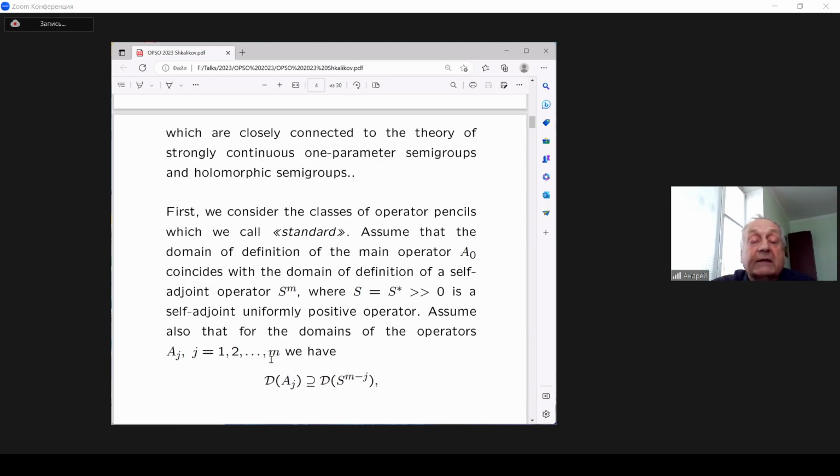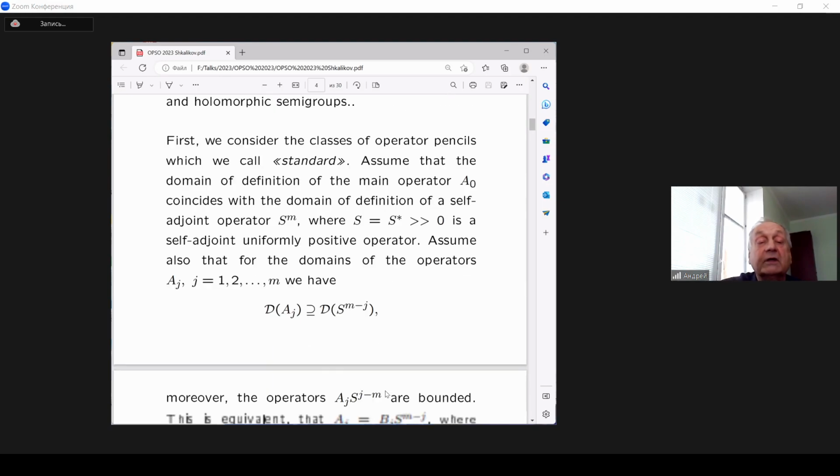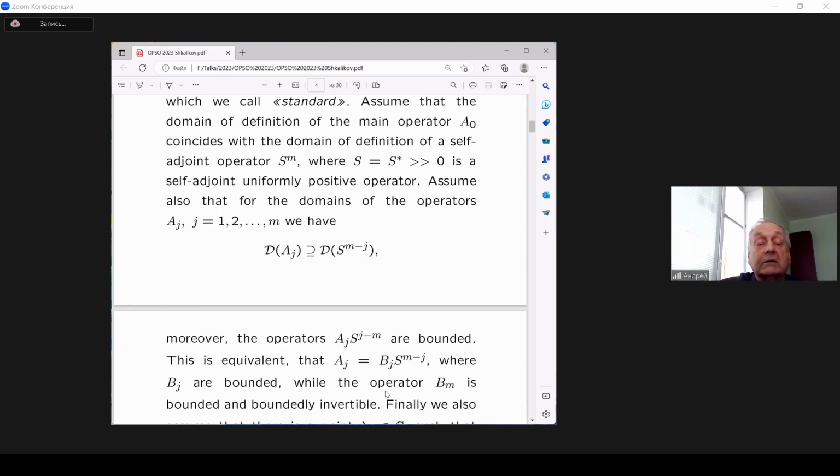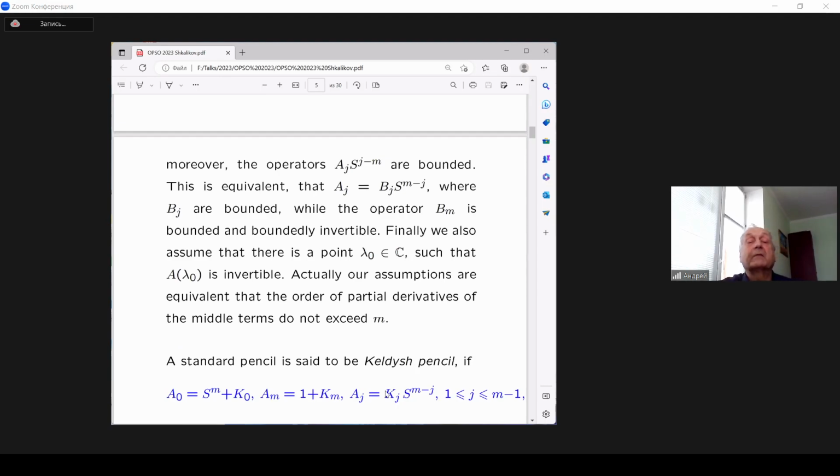Assume also that for the domains of the operators A_j, we have the following inclusion. Moreover, certainly if A_j are closed, then automatically this means that the operators A_j, to the power j minus A, are bounded.